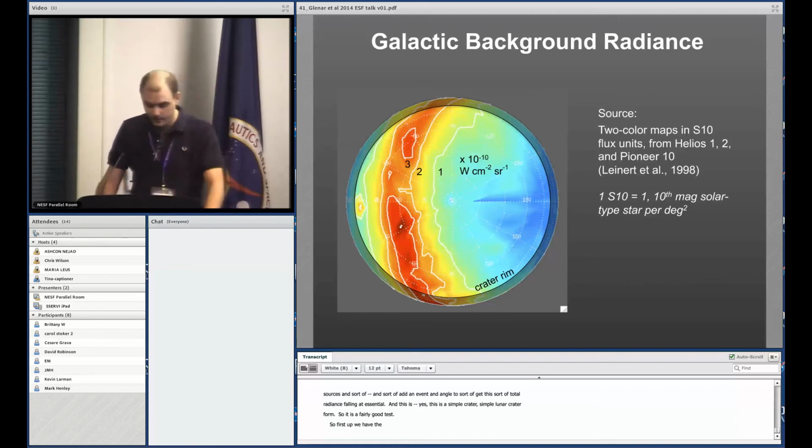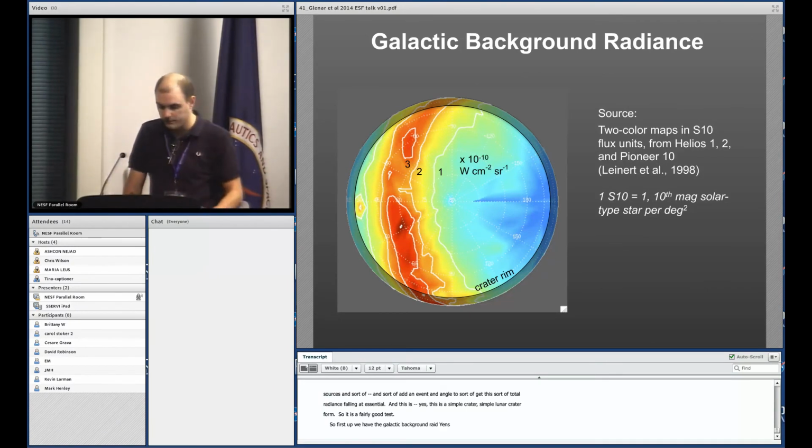That's what we do there. And this is a simple lunar crater form, so it's a fairly good test case.